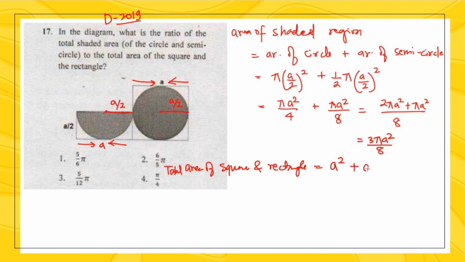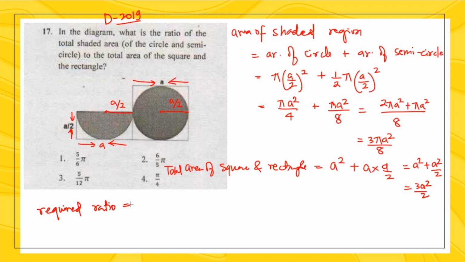The length is a and the width is a by 2, right? This is a by 2 and this is a. So this will become a square plus a square by 2. If you solve this, you will get 3a square by 2.